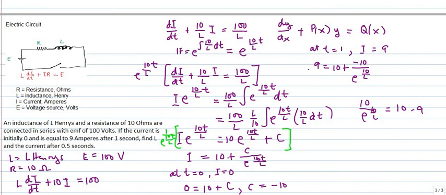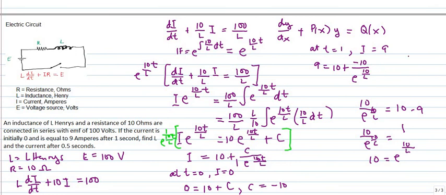That becomes positive and 9 becomes negative, so 10 minus 9 is 1. So 10 over e raised to 10 over L is equivalent to 1, and multiplying, we have 10 equals e raised to 10 over L. This is now the result when we do the transposition.